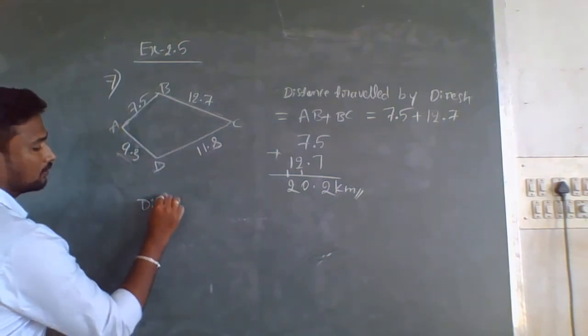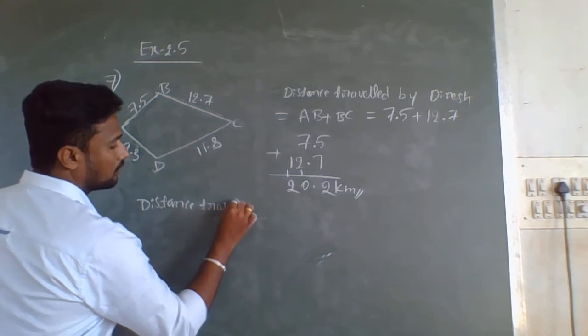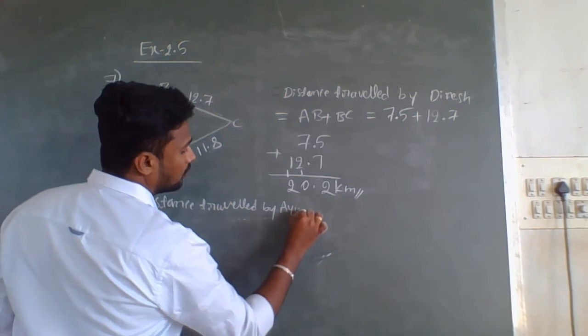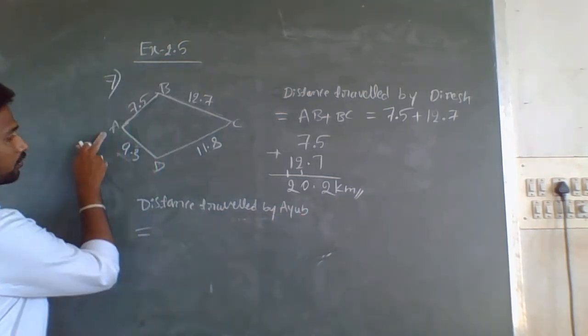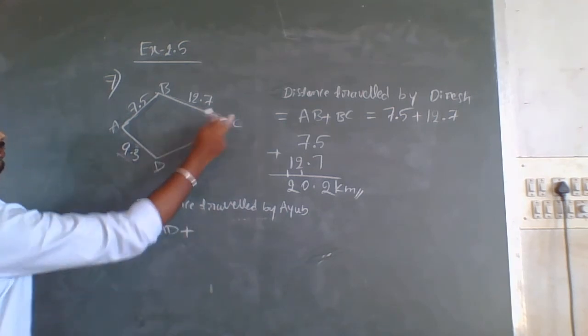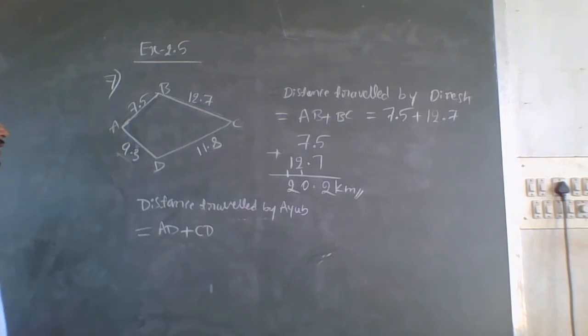So here I will write distance travelled by Ayub. First where did he go? From A to D. So AD plus from D to C, means CD, or you can write it as DC also.